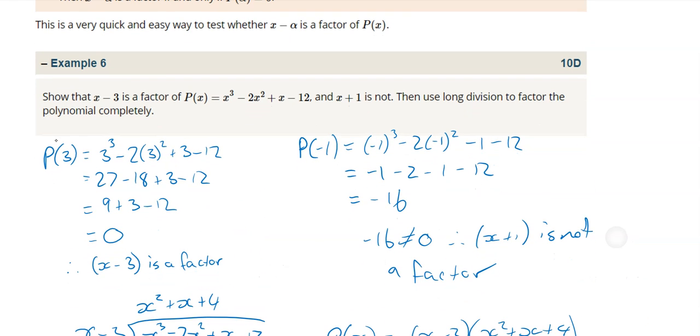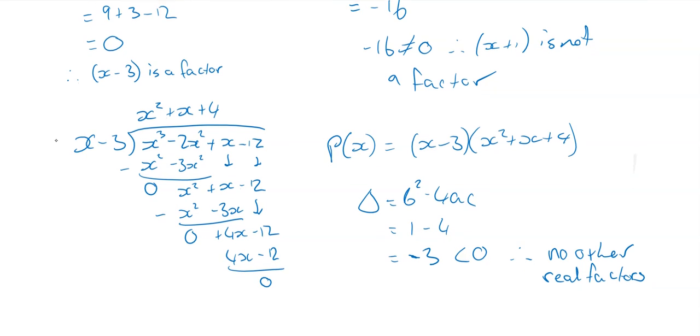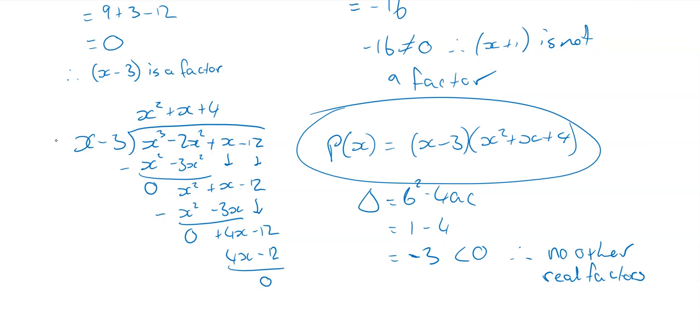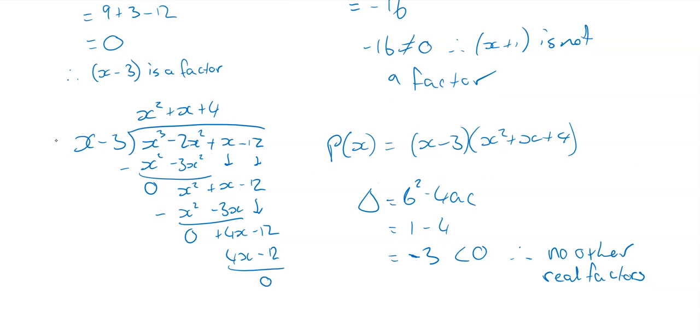Then use long division to factor. Okay, now remember the difference between this and actually showing the division. We factorized it, we haven't divided it. That would be going over x minus 3 over x minus 3, cancel, cancel, and so on. So we know that p of x divided by x minus 3 is x squared plus x plus 4.